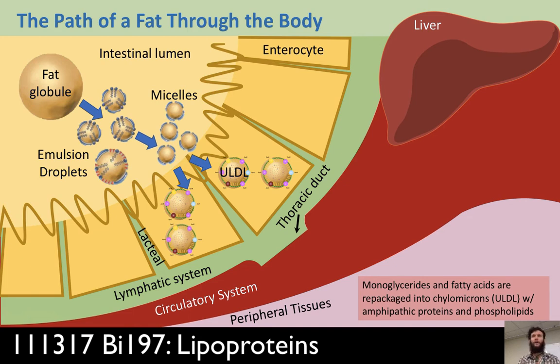It's the part of your immune system that shuttles white blood cells around that aren't in your blood. It runs parallel to your circulatory system, but it is not your circulatory system. And the lymphatic system doesn't have a pump the way your circulatory system has.